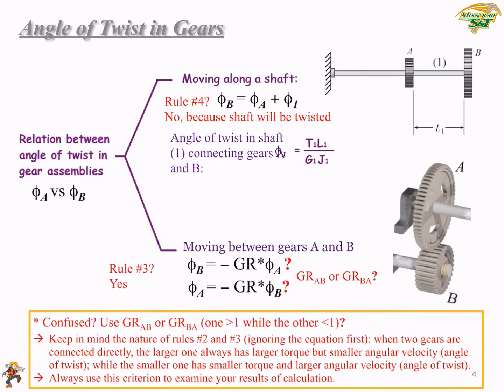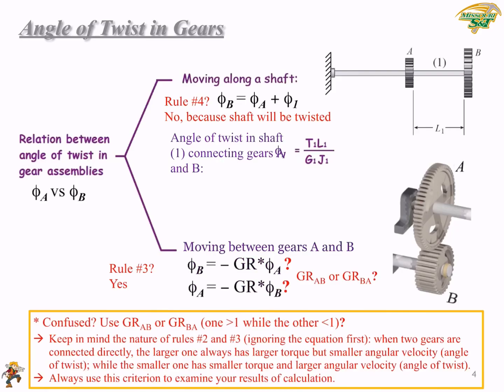Just keep in mind the nature of rules number 2 and number 3. These rules say that when two gears are directly connected, the larger one always has larger torque but smaller angular velocity and smaller angle of twist, while the smaller one always has smaller torque and larger angular velocity or angle of twist. And always use this criteria to examine your results of calculation.